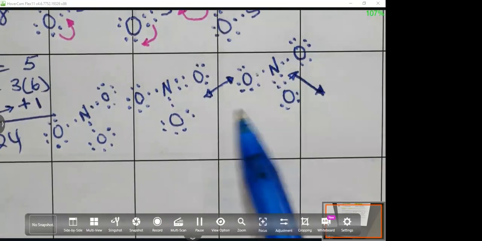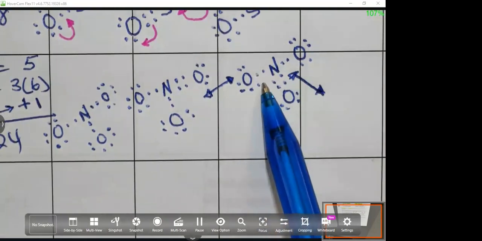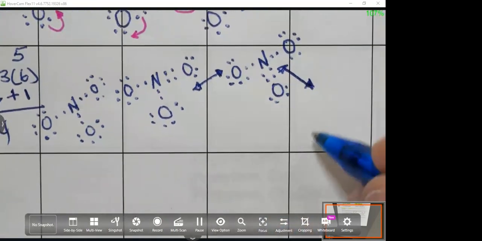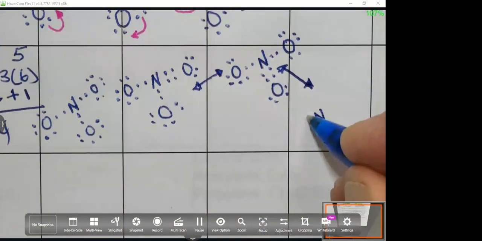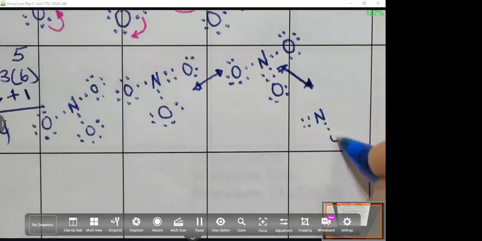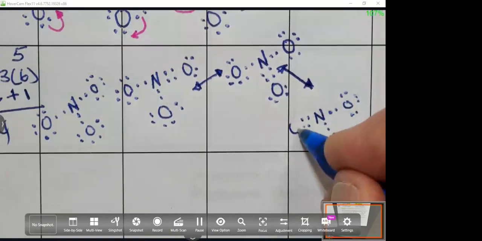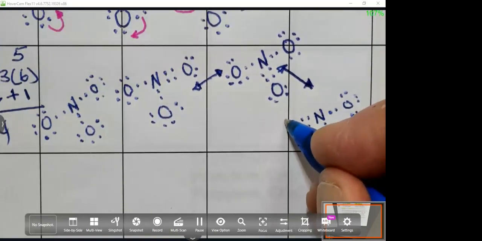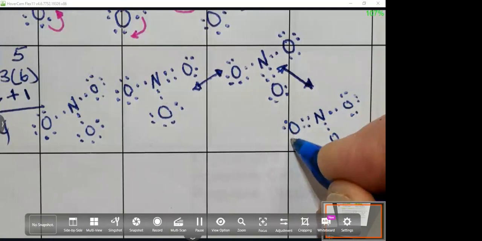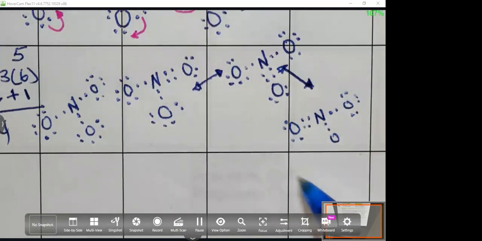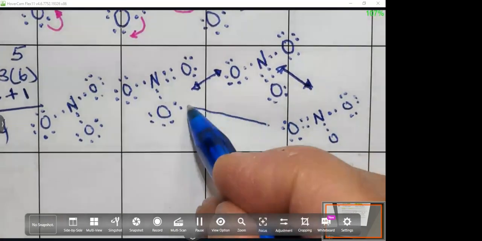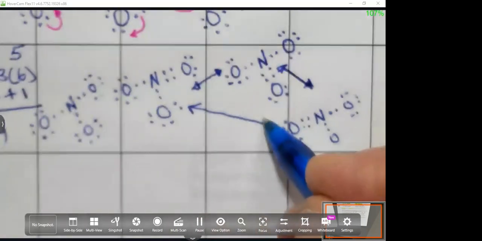Last one right here. I got to put my double bond on my left, right? That's where I haven't done it yet. So I'm going to have nitrogen. Go this way as well.